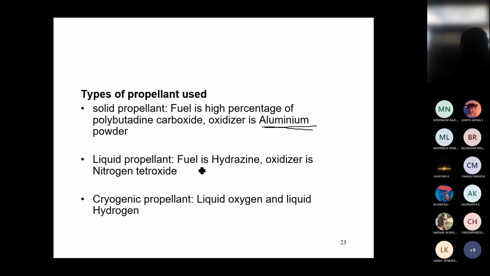In liquid propellant, we use hydrazine, an oxidizer, and also nitrogen tetroxide. And for cryogenic propellant, we use liquid oxygen and liquid hydrogen.